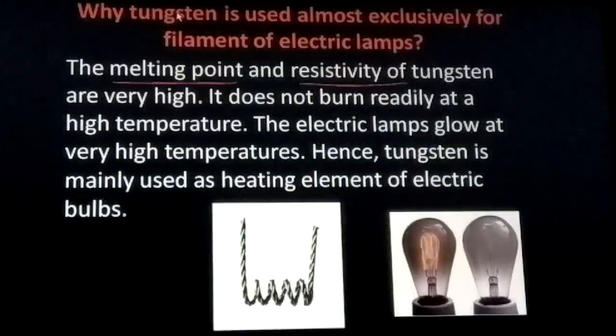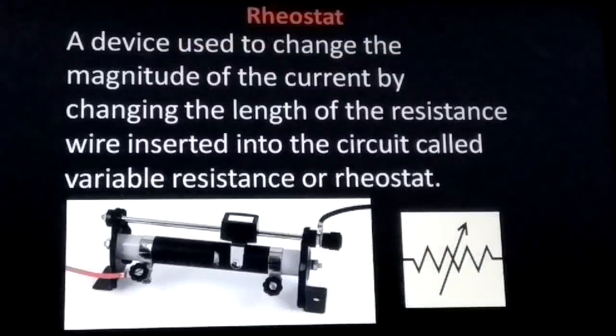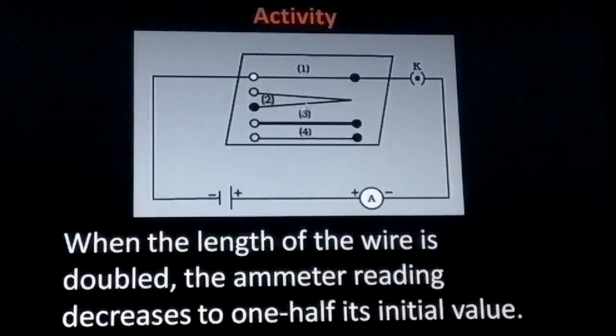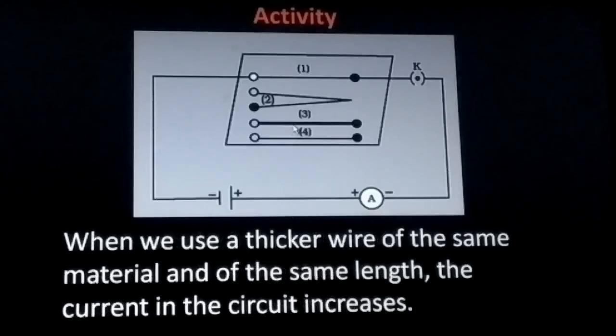And next we have seen why tungsten is used in filament bulbs, and also we have seen the instrument rheostat. The difference between the resistance and the resistor. Then by doing the activity, the current flowing through a conductor depends upon the length, cross section, and the material of the conductor.